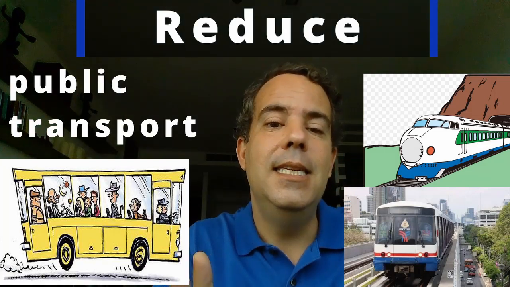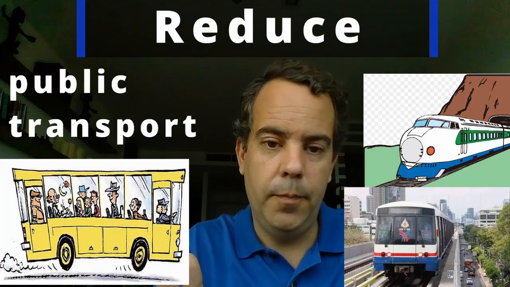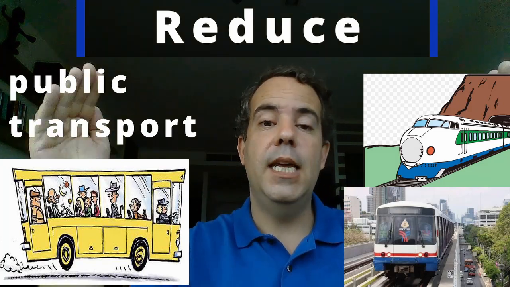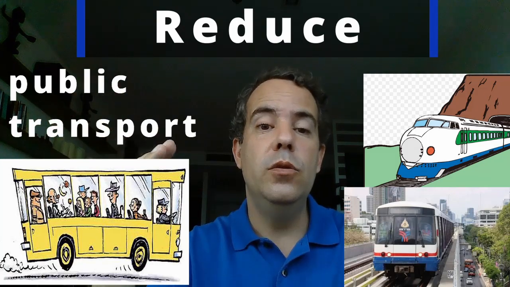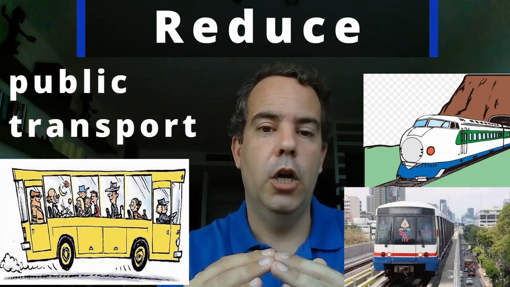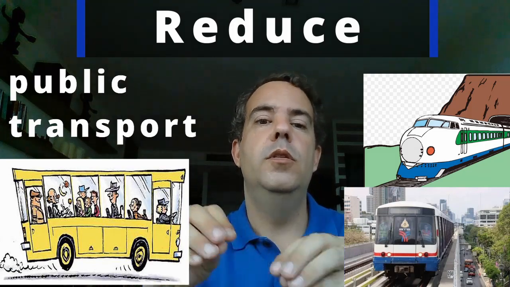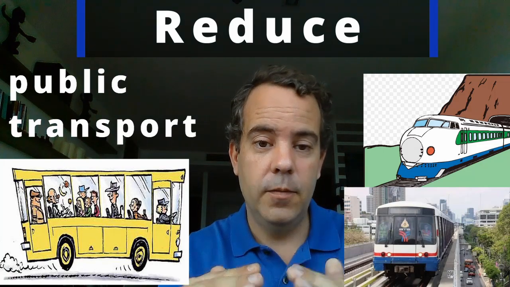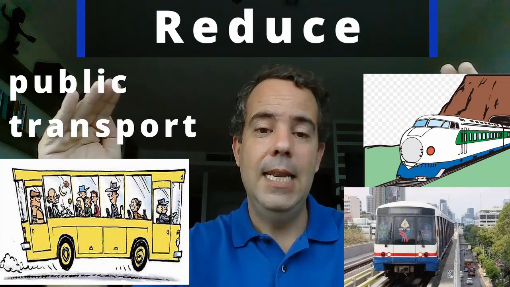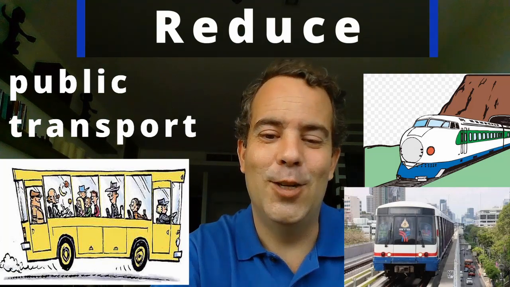So these are forms of public transport. They are good because they reduce the pollution, they reduce the number of cars. You have many people together using the same transport. So you have fewer cars, less pollution. And that's good.